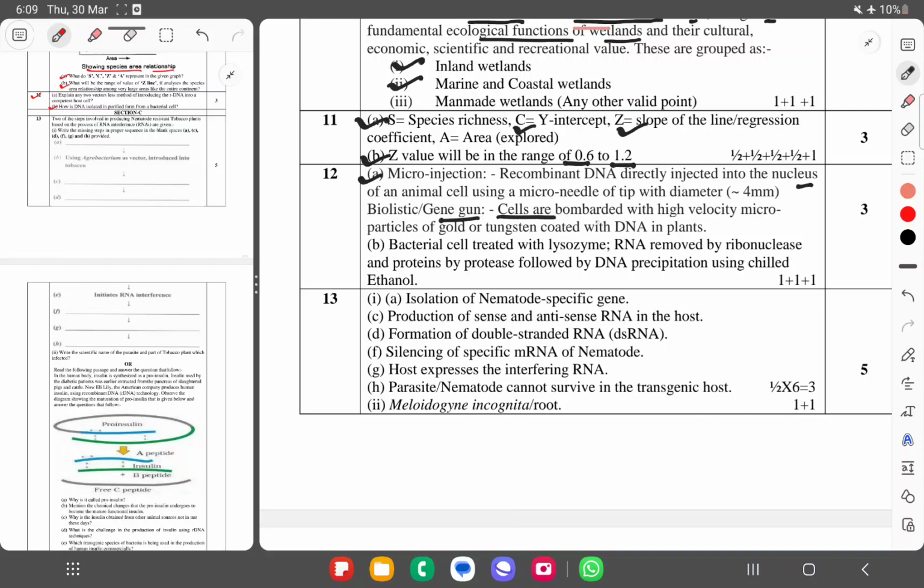Gene gun: cells are bombarded with high-velocity microparticles of gold or tungsten coated with DNA. Bacterial cells are treated with lysozyme. RNA is removed by ribonuclease and proteins by protease, followed by DNA precipitation using chilled ethanol.